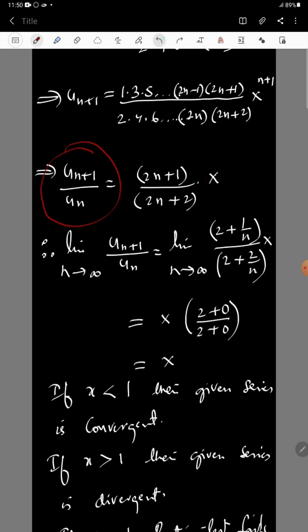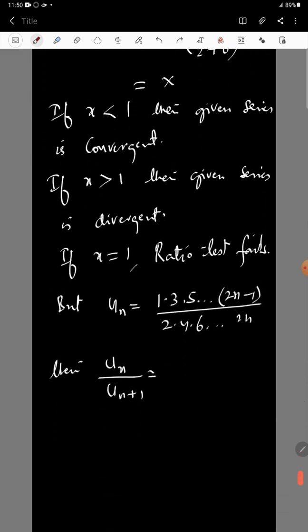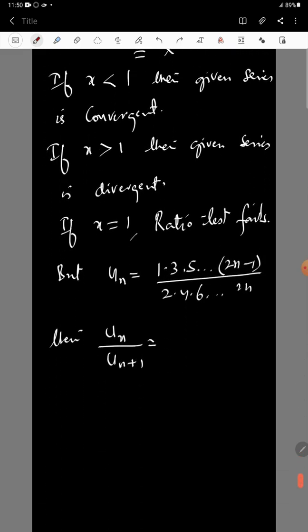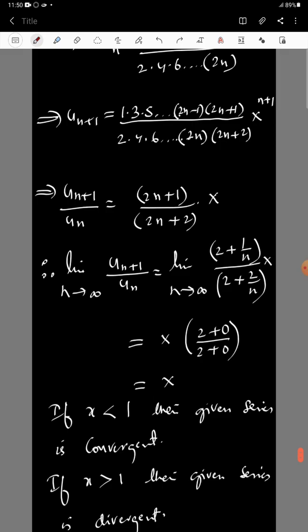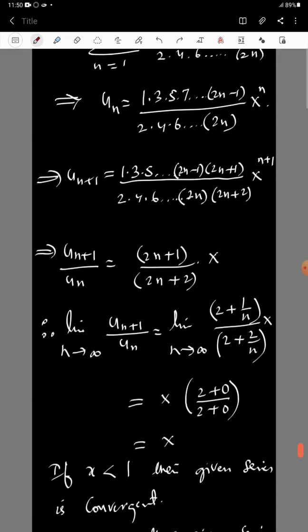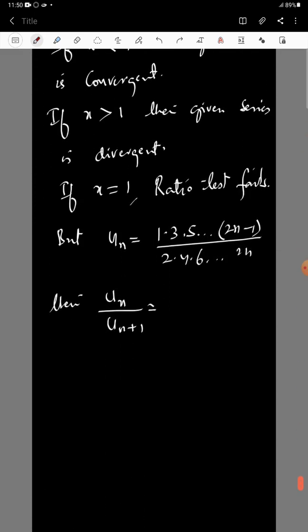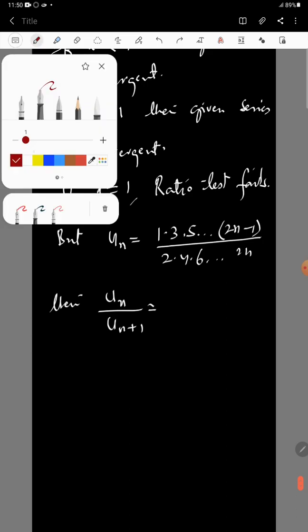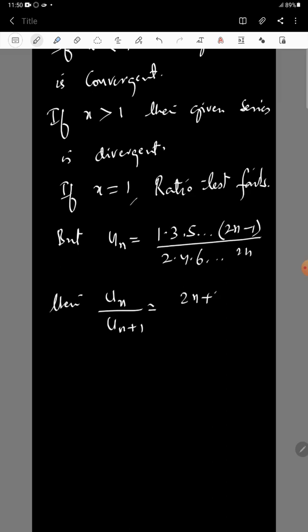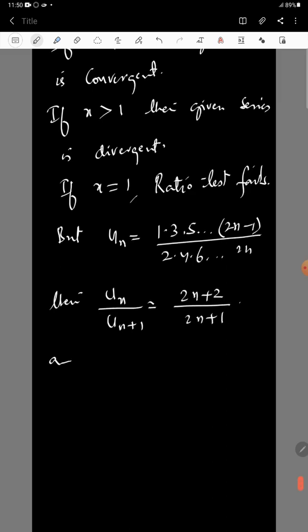Therefore, what I now get is 2n plus 2 by 2n plus 1, the reverse of this one. So I get 2n plus 2 divided by 2n plus 1, and we apply Raabe's test.